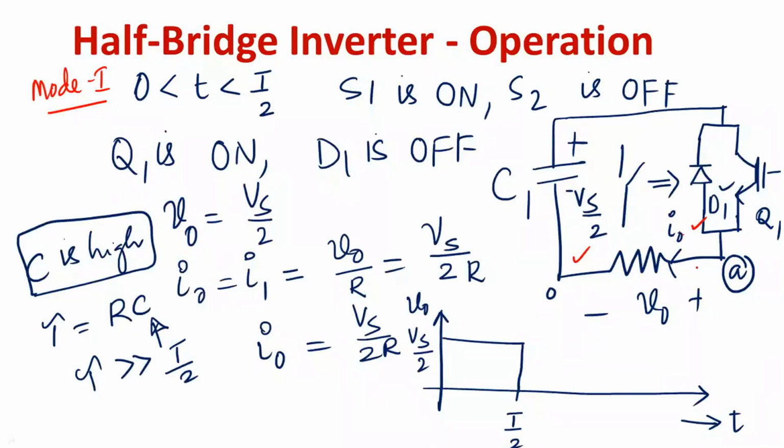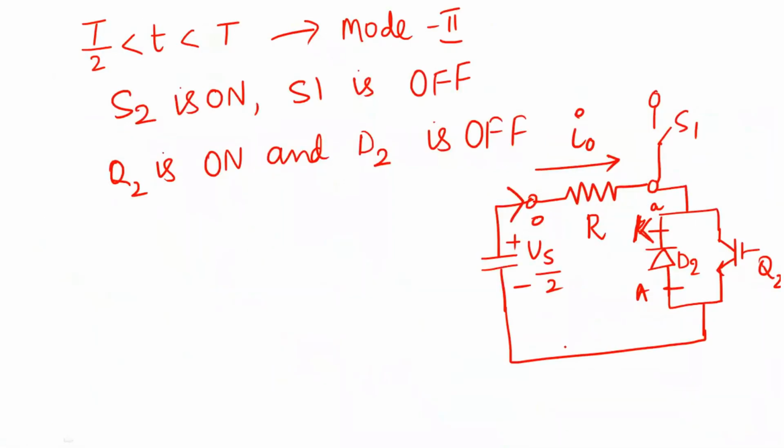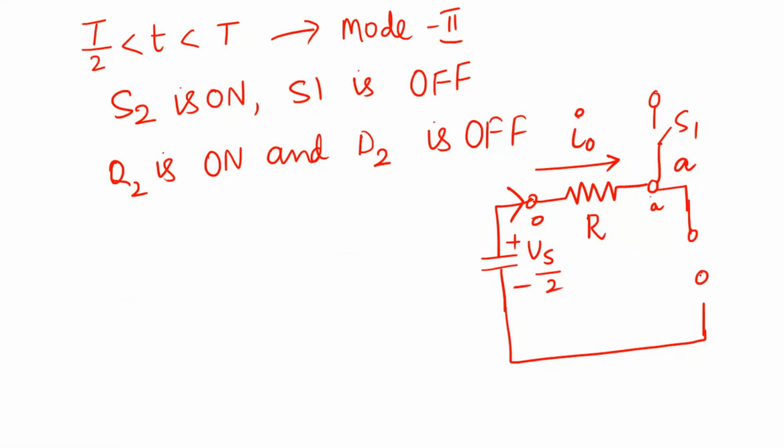But in this case, switch S2 is closed. As a result of that, this terminal A is connected to the negative terminal of the source.